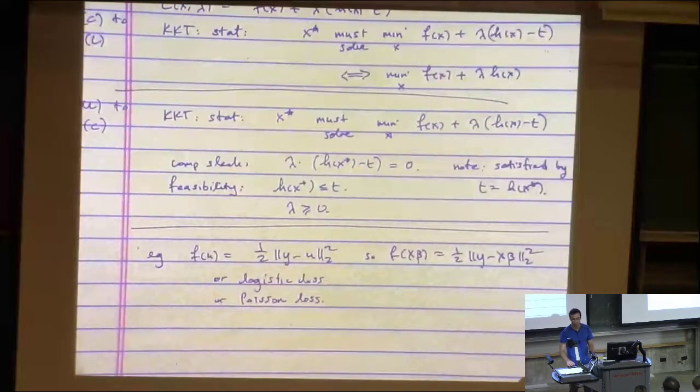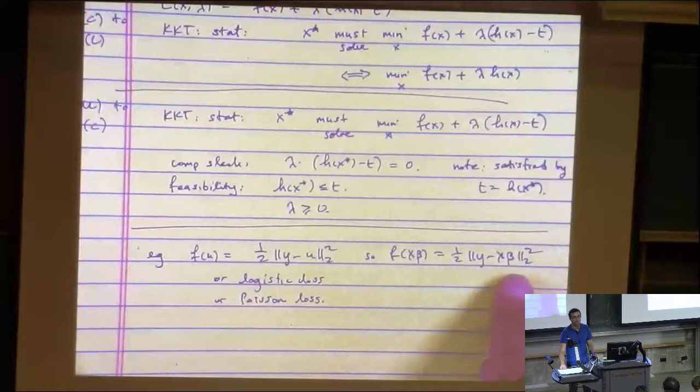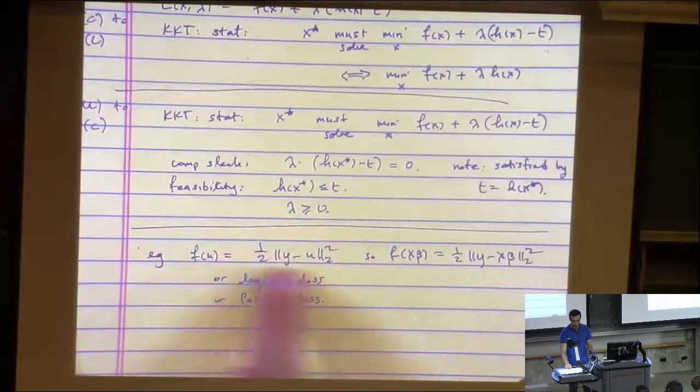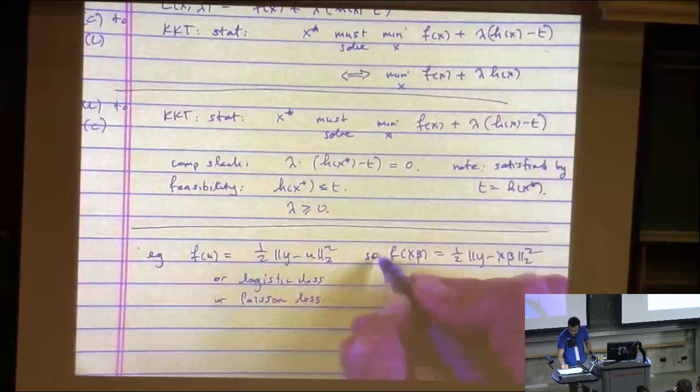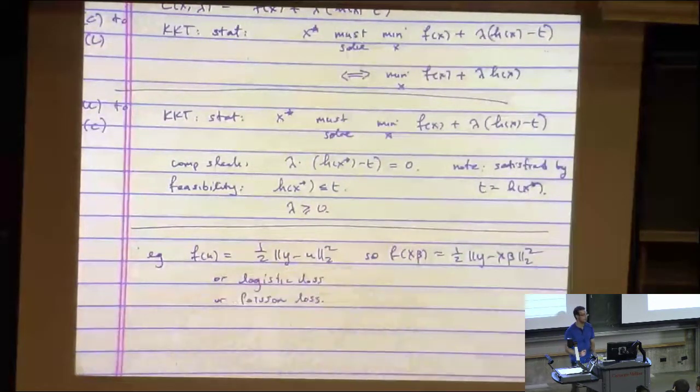It has nothing to do with whether or not it's strictly convex in beta. Okay, we're treating the loss at this time as a function of the fit, u. So this is always strictly convex. These are always strictly convex. They're not going to be strictly convex in beta, though, if x is, let's say, wide. But that's not what we're asking for. We're just asking for strict convexity not in the coefficients, but in the fit, in u.